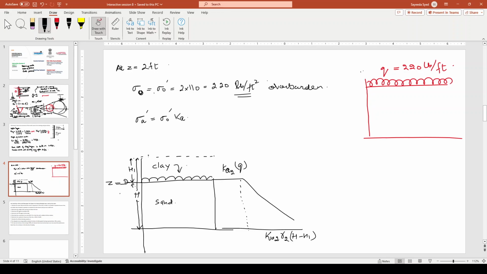Small q, as I said, this clay will not give any stress to the wall because of the development of a tension crack, isn't it? But it will have a vertical component.